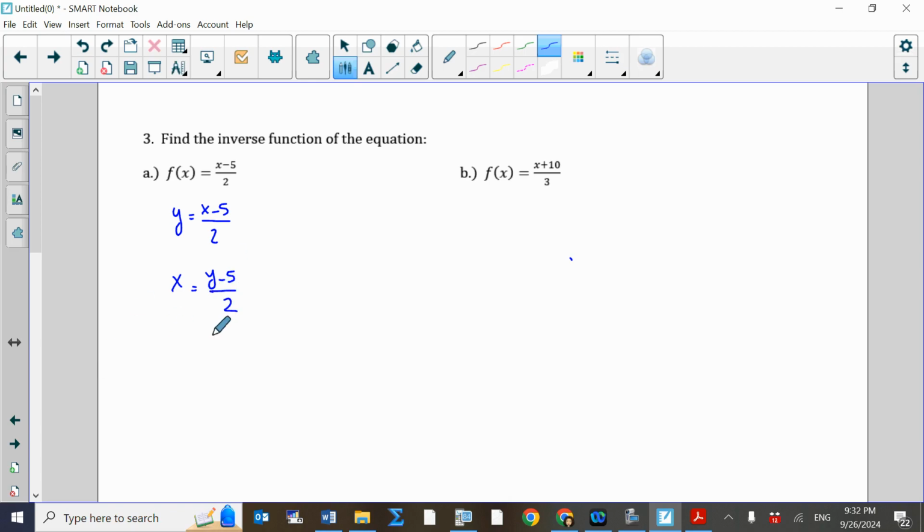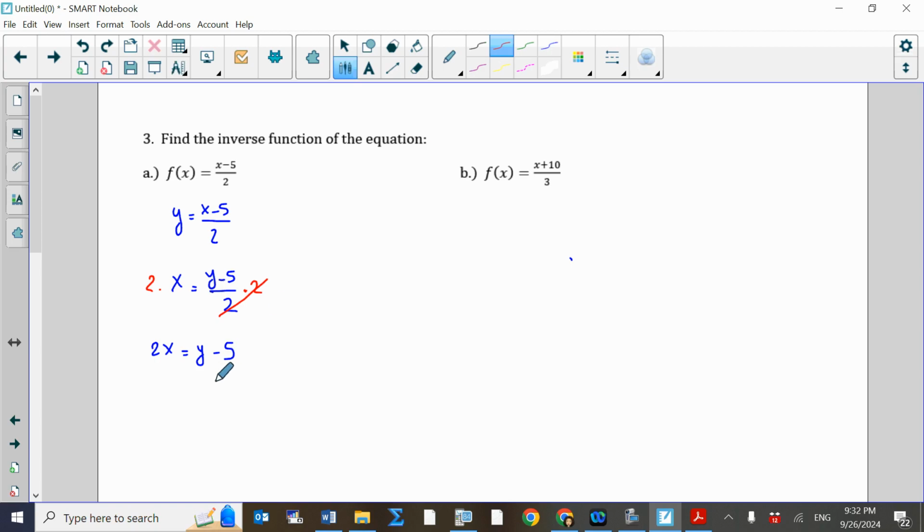Now, the next step is solve for y. So I need to get rid of the negative 5 and 2. We know that we need to get rid of the 2 first because this is outside. So multiply by 2. This was division. The opposite of that is multiplication. So you multiply by 2, the 2's cancel. Here I have 2x equal to y minus 5.